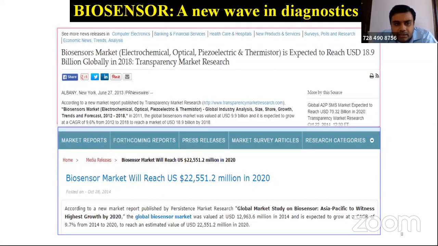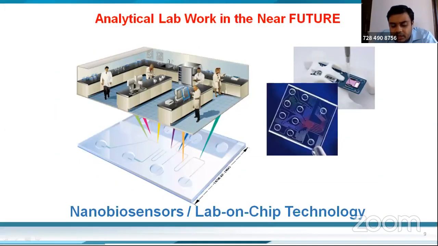So these are some market reports. I'll not go into that detail. Right. So the analytical lab, what we see in the near future, is something like this. You can see people working in different places in the laboratory, but every component performed by an individual person can be loaded onto a single chip. The classical example of that is the PCR. Somebody can do on chip PCR also.